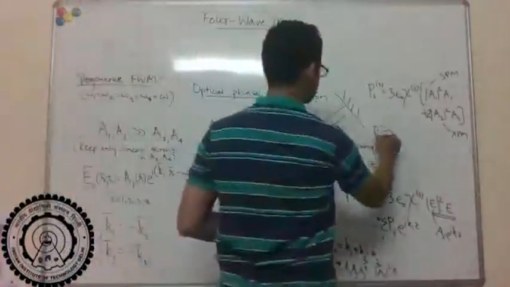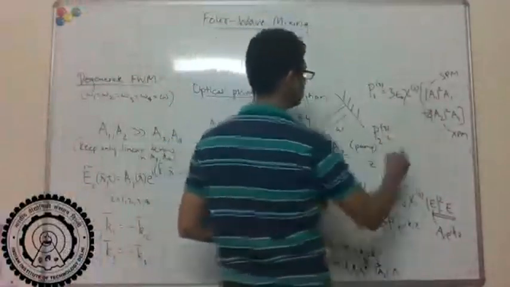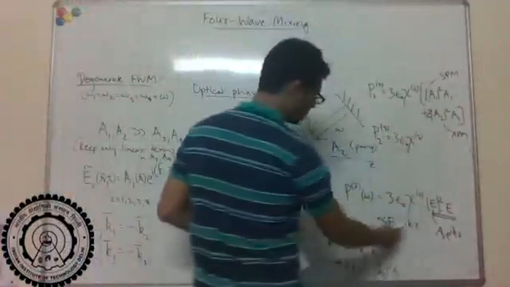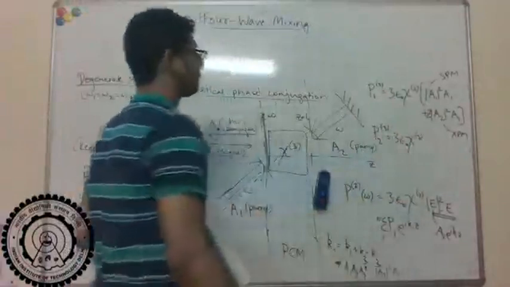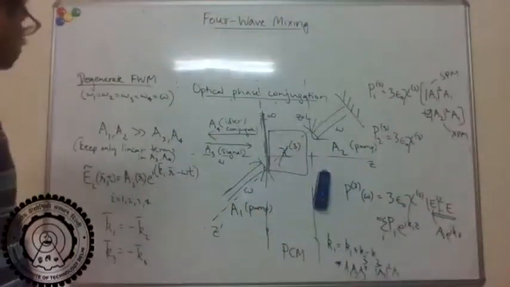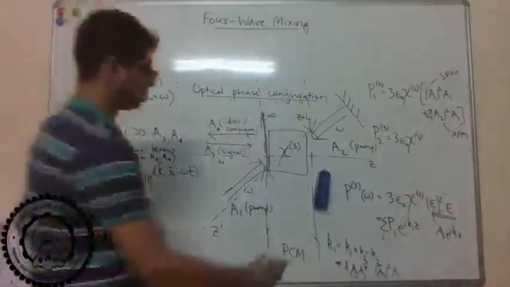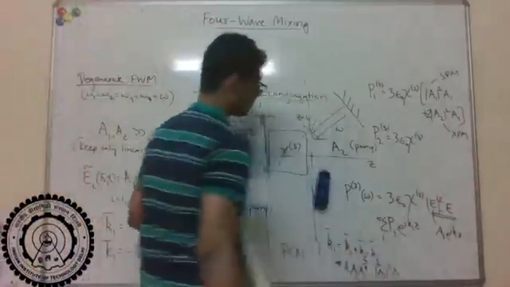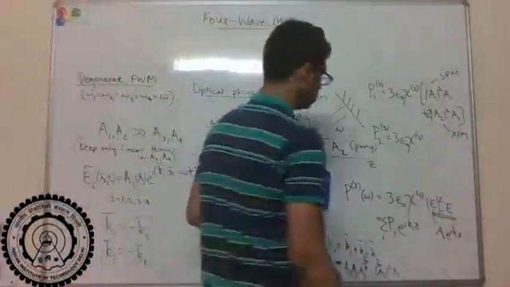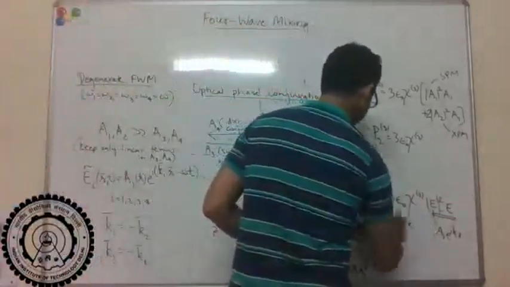Similarly, I can write P2. What would be P2? That goes as e to the i k2z.